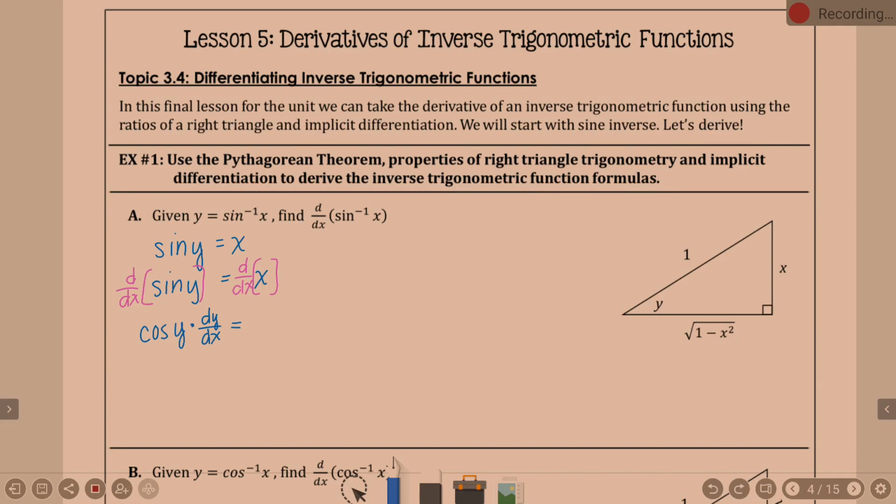Thus, the implicit differentiation aspect. On the right, what's the derivative of x? 1. With respect to x, it's just 1. You could say times dx if you want, but you don't need it. Now we're going to solve this for dy dx. dy dx is going to be equivalent to 1 over cosine of y.